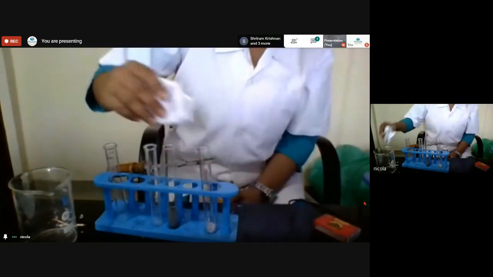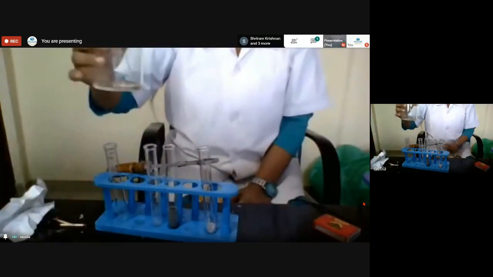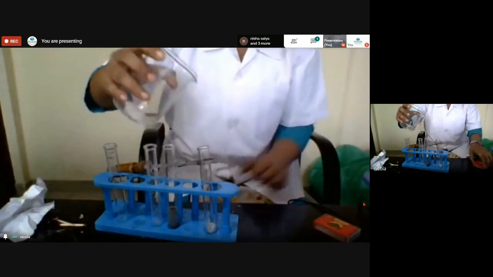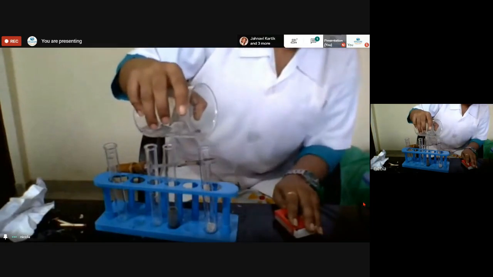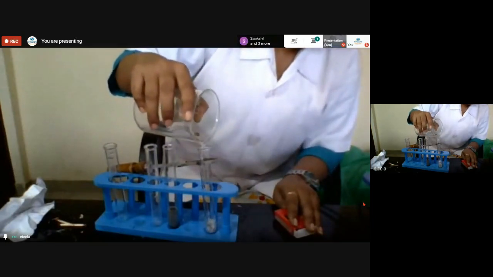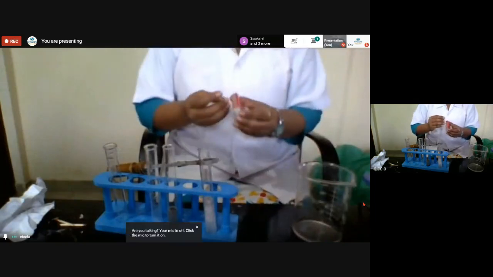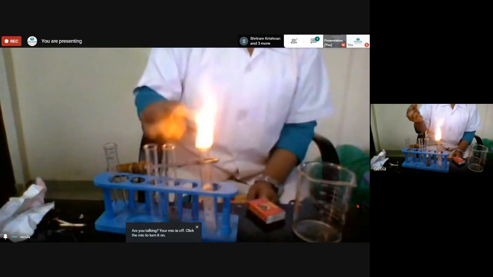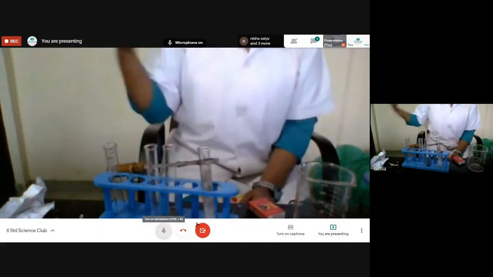Now I've added aluminium foil. Now I'm going to add sodium hydroxide. Did you hear a sound?